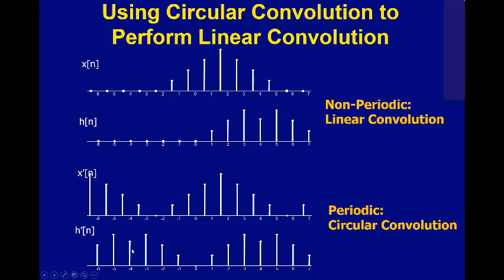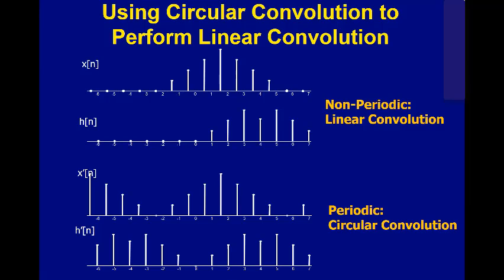Zero padding takes this kind of circular operation, inserts a bunch of zeros to spread out the copies, the periods, so that when we do the circular convolution, they don't overlap. The different periods don't overlap, and I effectively get linear convolution with a whole bunch of extra zeros on the end.